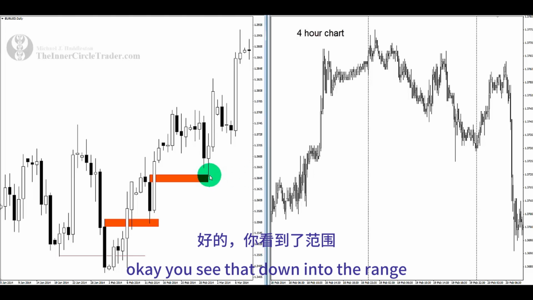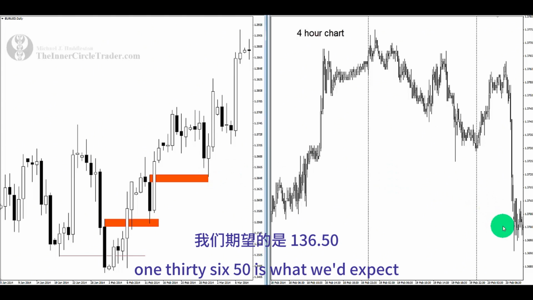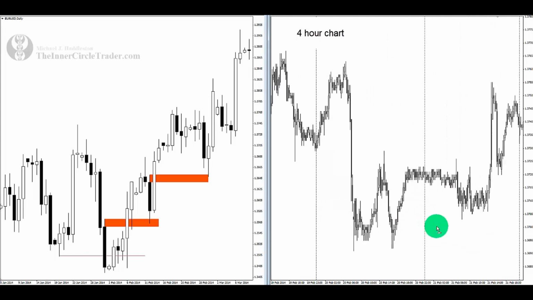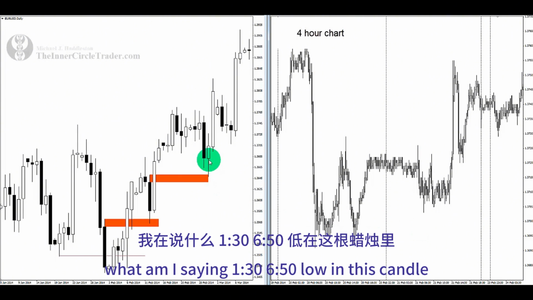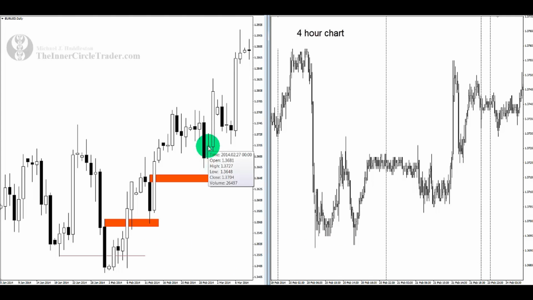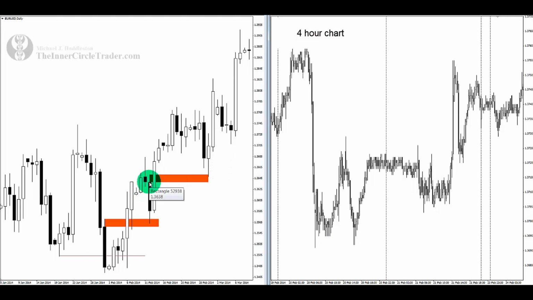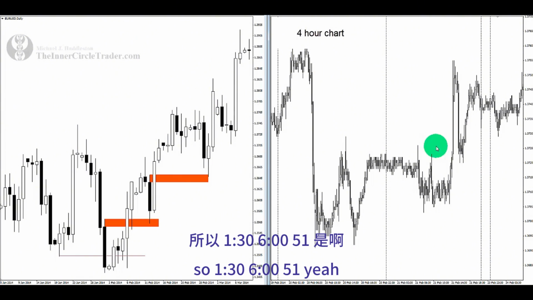Okay, you see that? Down into the range. We're dipping down into it here. 136.50 is what we would expect. No, what am I saying? 136.50, the low on this candle. 136.48, and the high on this candle, 136.51.